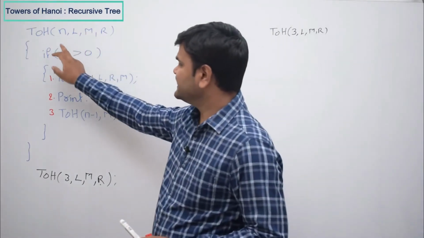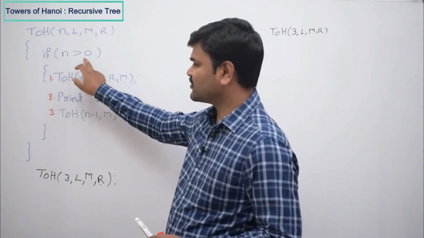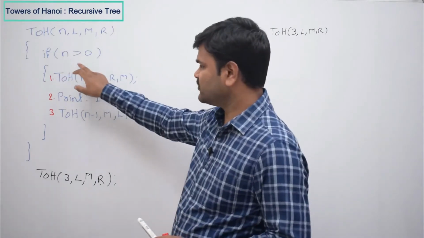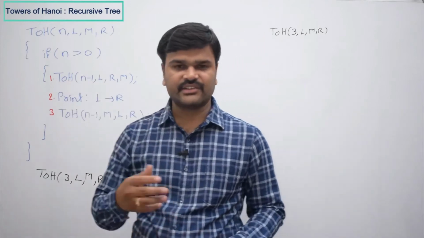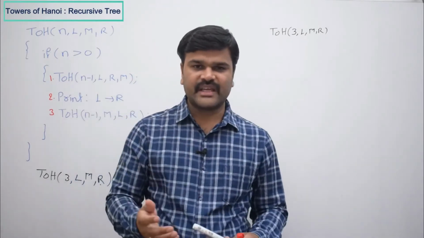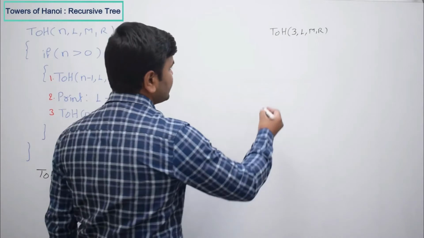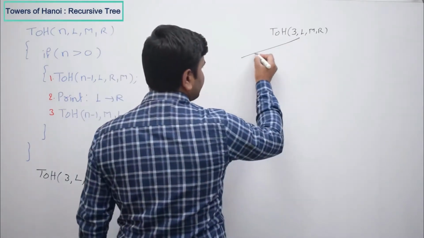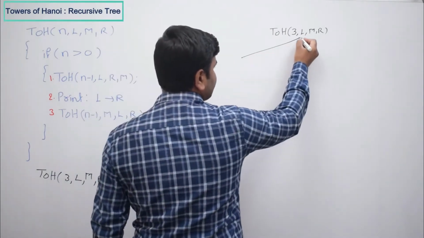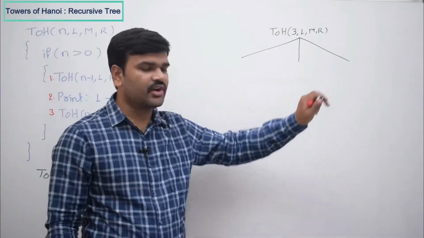So n is 3, 3 greater than 0, the condition is true. So whenever the condition is true, you have to execute these 3 lines sequentially: first statement, then second, and then third. So we are going to take them as branches, first one, second one, third one.